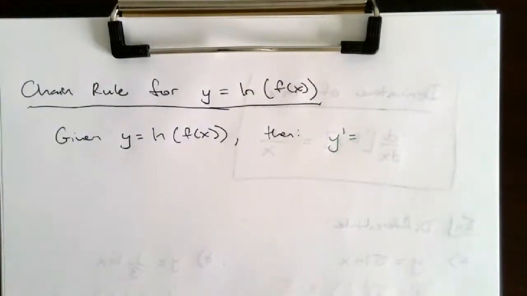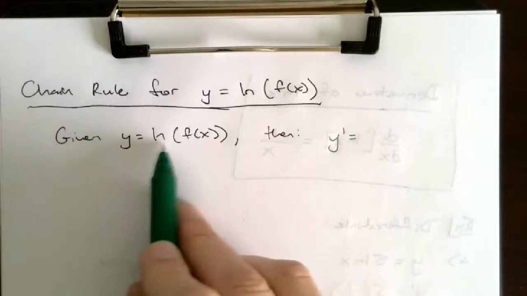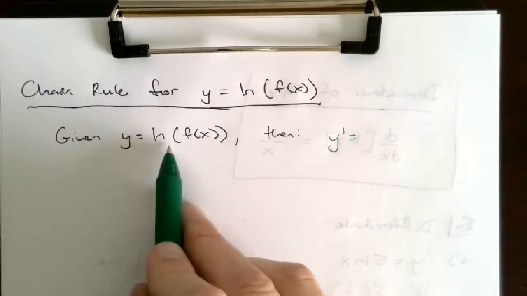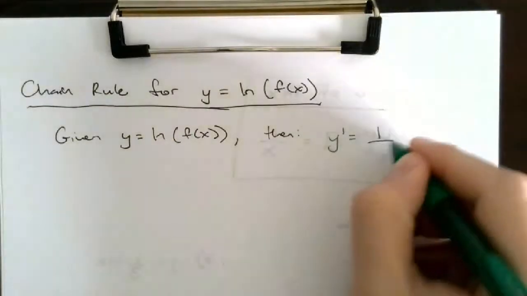It says take the derivative of the outside, you keep the inside the same, and then you multiply by the derivative of the inside. The outside function is natural log, the inside function is f of x. So when we took derivative of natural log, when it was just x, it was 1 over x. So this will be derivative of natural log of f of x will be 1 over f of x.